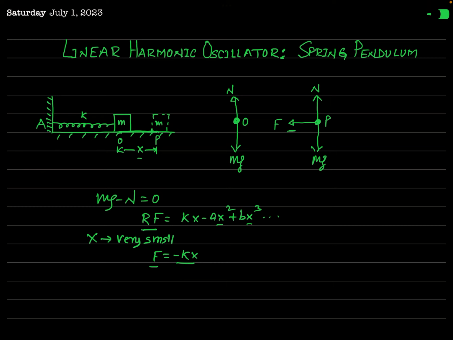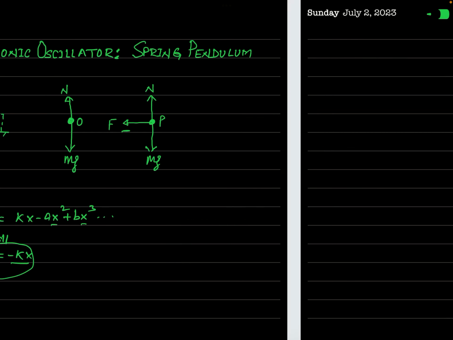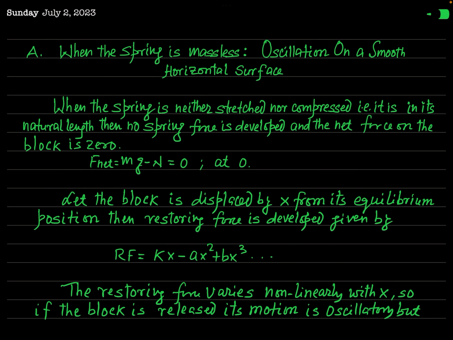In this way, under this restoring force, the block will perform simple harmonic motion about its equilibrium position O. From this result you can easily see what the time period and the frequency of oscillation will be. All these things I have mentioned here for your convenience. As you can see, when the spring is neither stretched nor compressed, the net force is 0 and the equilibrium position is O.